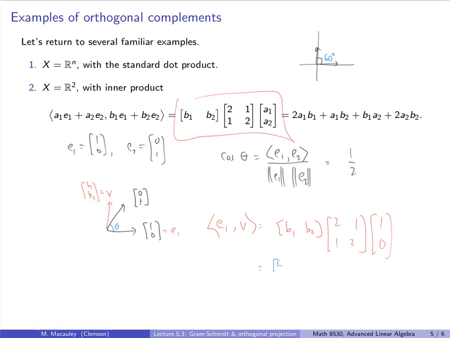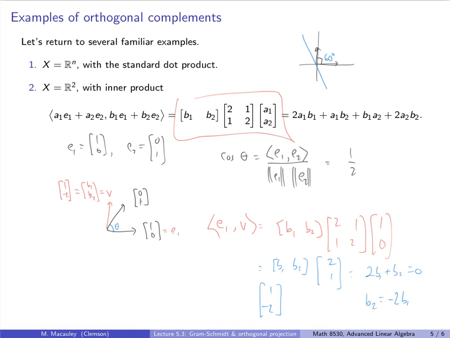We get (b1 b2) times (2, 1), which is 2b1 plus b2, equals 0. In other words, b2 is negative 2b1. So if b1 is 1, then b2 is negative 2. If we think about this in the regular xy plane, this is the line with slope negative 2. So b is equal to (1, -2).